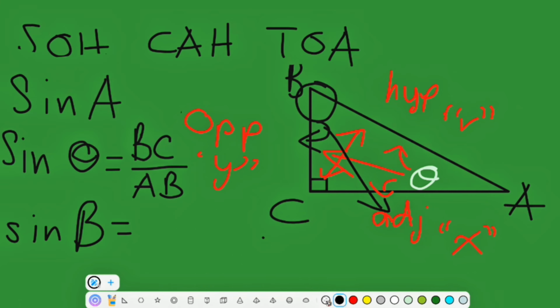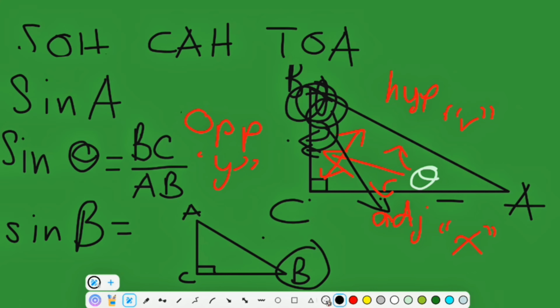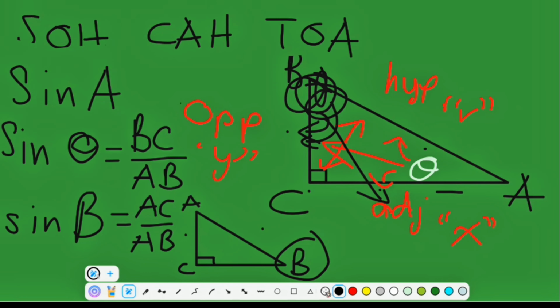Now we can definitely see that sine angle B is equal to opposite, which is AC, over the hypotenuse side, which is AB. The side that's adjacent to angle theta, which is AC, is the opposite side to angle B. That means opposite sides and adjacent sides change when we focus on different angles, but the hypotenuse side always stays the same.